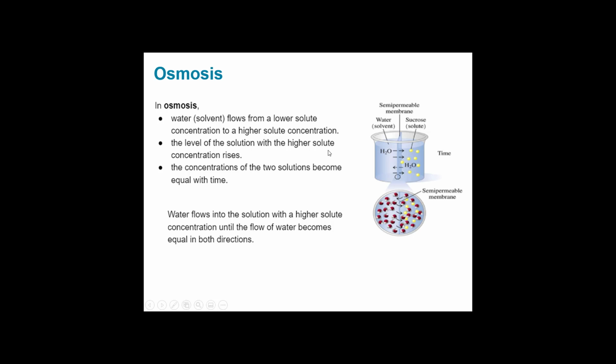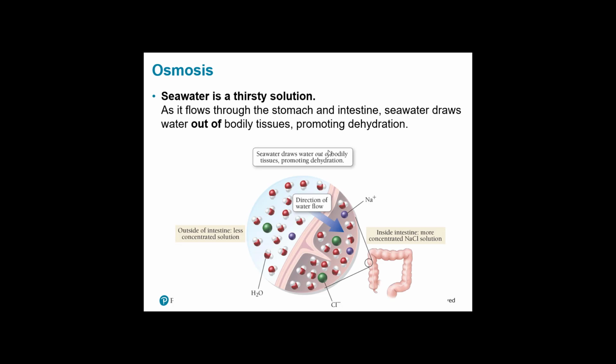So here is why seawater or salt water makes you thirsty. As it flows through the stomach and intestines, seawater draws water out of the body tissues that are already hydrated. It pulls water out of those organs in order to dilute the highly concentrated seawater.